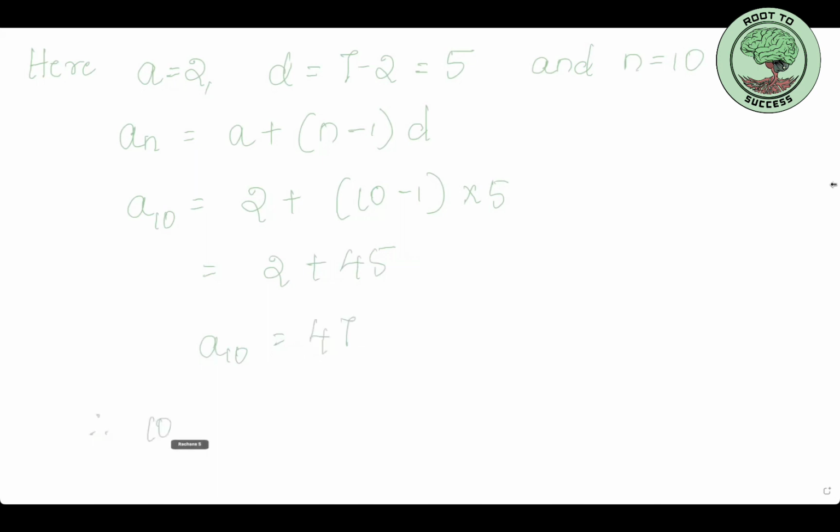Therefore, the 10th term of the AP will be 47.